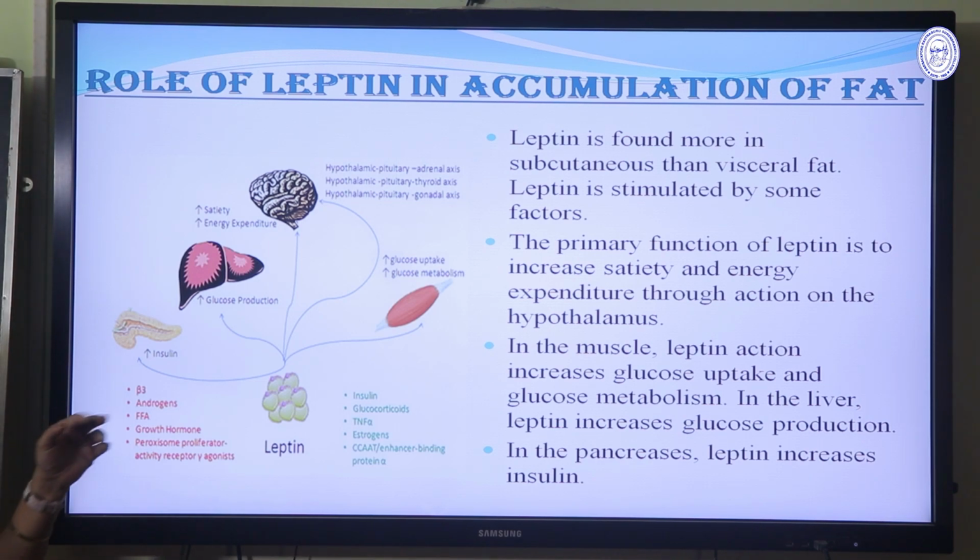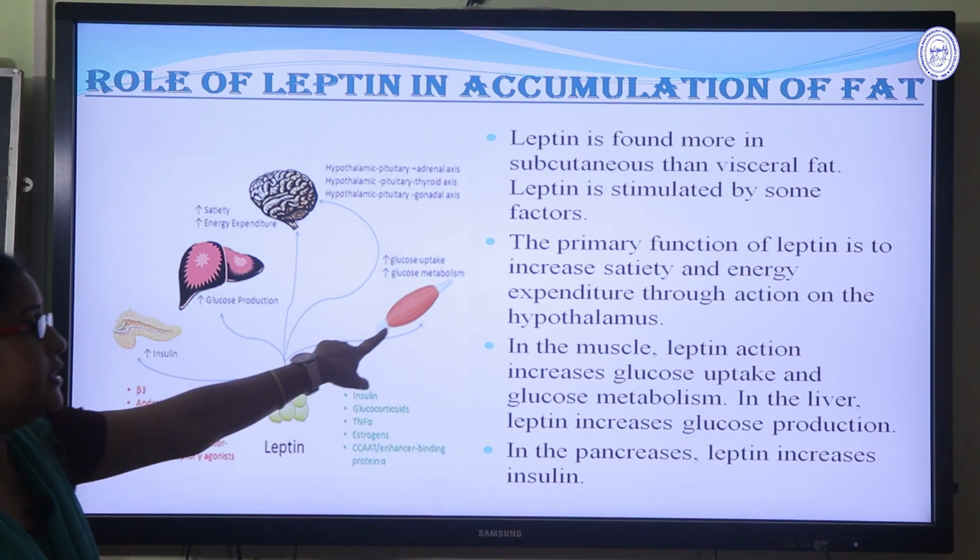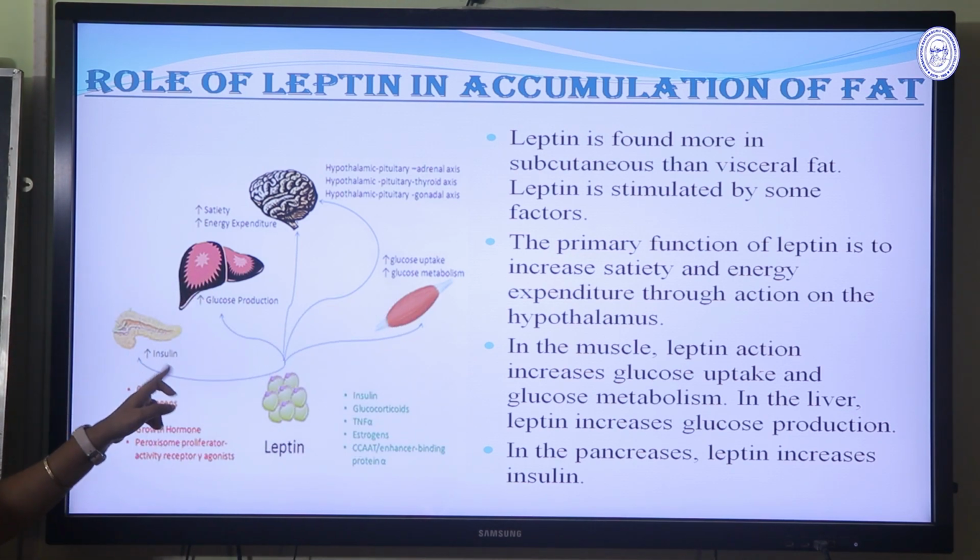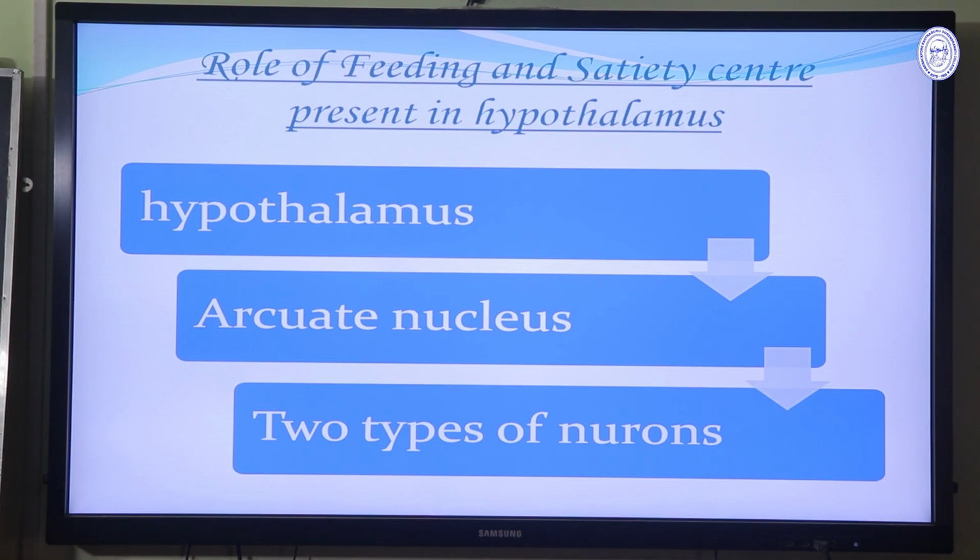In the muscle, leptin increases glucose uptake and glucose metabolism. In the liver, leptin increases glucose production. In the pancreas, leptin increases the release of insulin. Insulin is a hormone closely associated with glucose utilization. It utilizes glucose and the hunger center is activated.